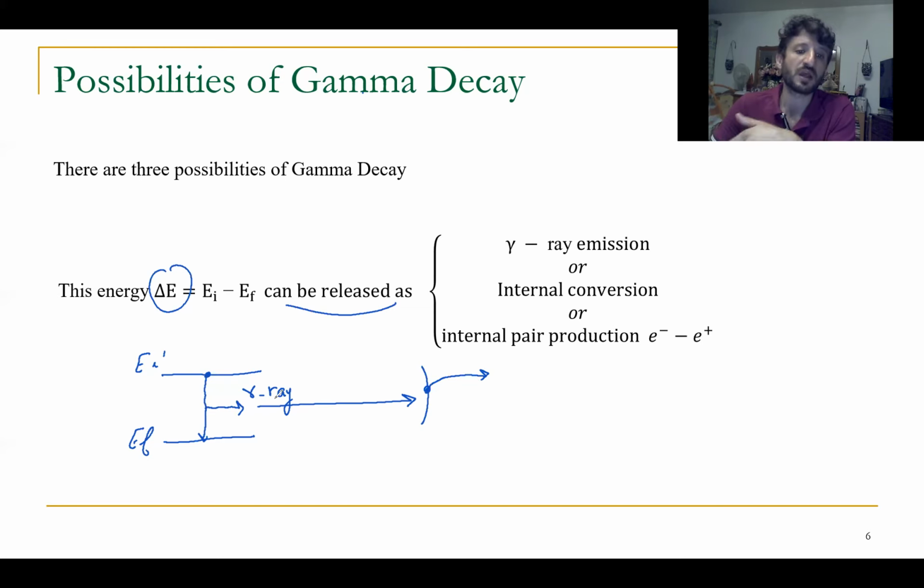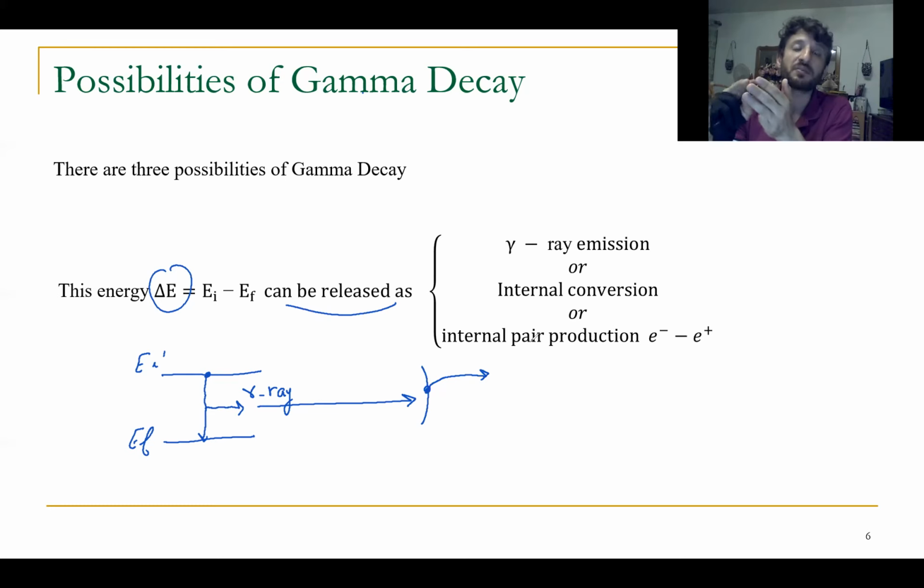Here we have internal conversion: the gamma ray energy is converted to one electron in the outer shell, and this electron will be extracted out of the atom. This is the second possibility of gamma decay.